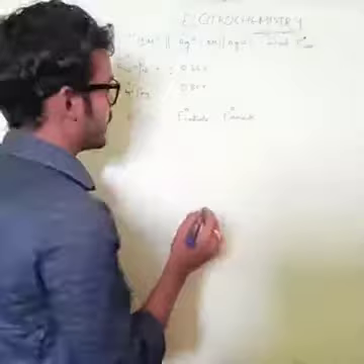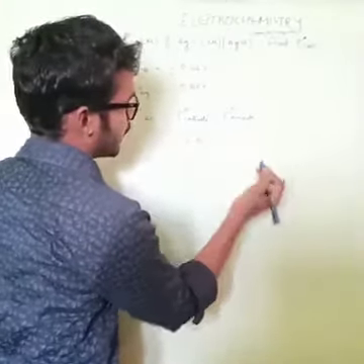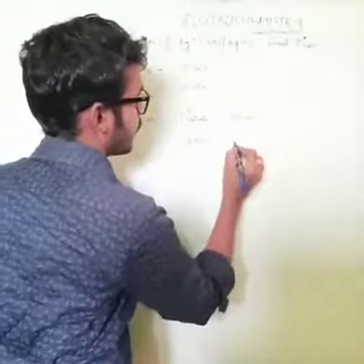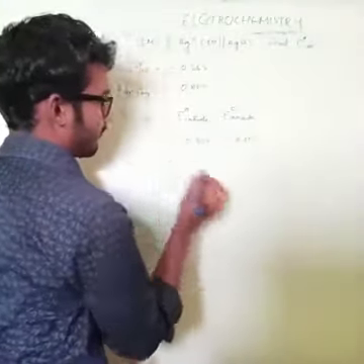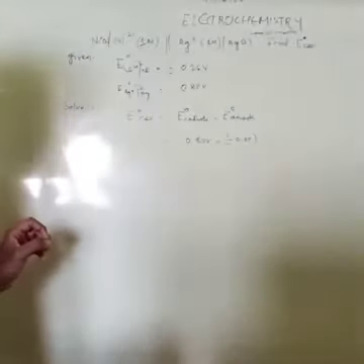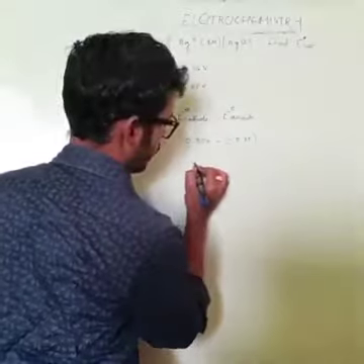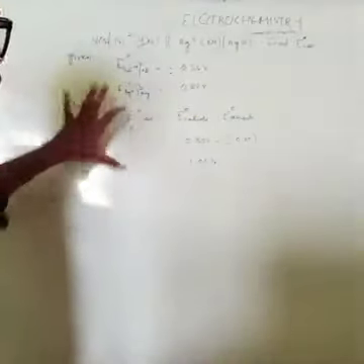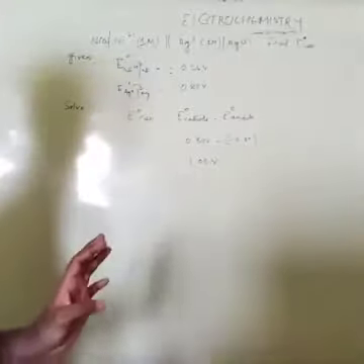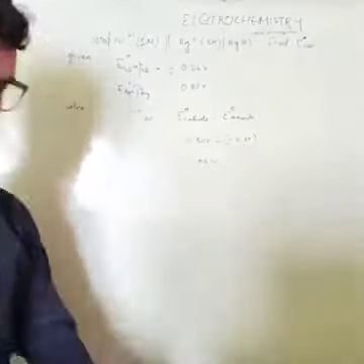So the cathodic part is 0.80 volt minus 0.25, right? So 1.05 volt. This is how you need to find the standard EMF of a cell.